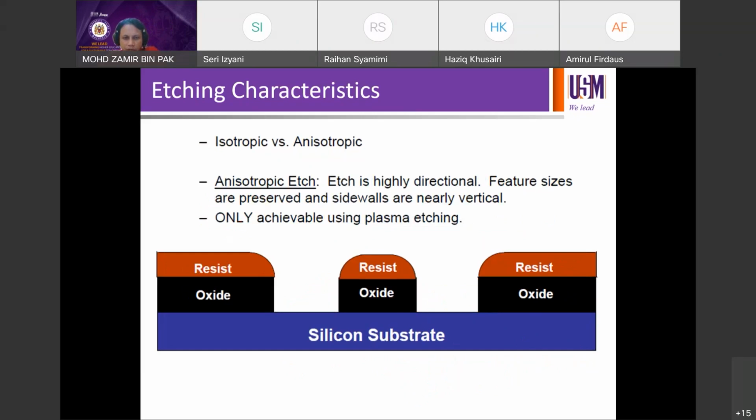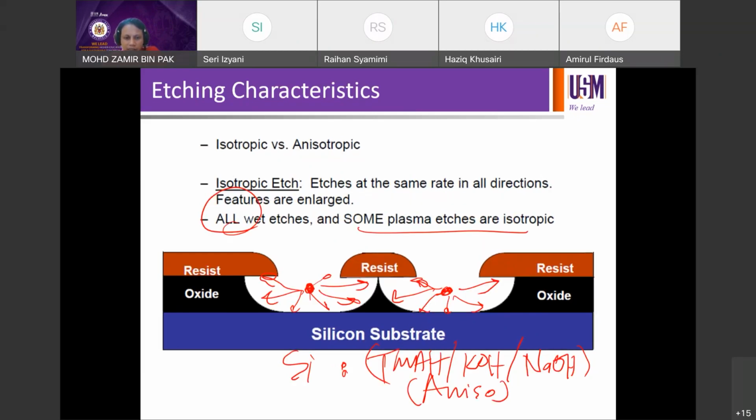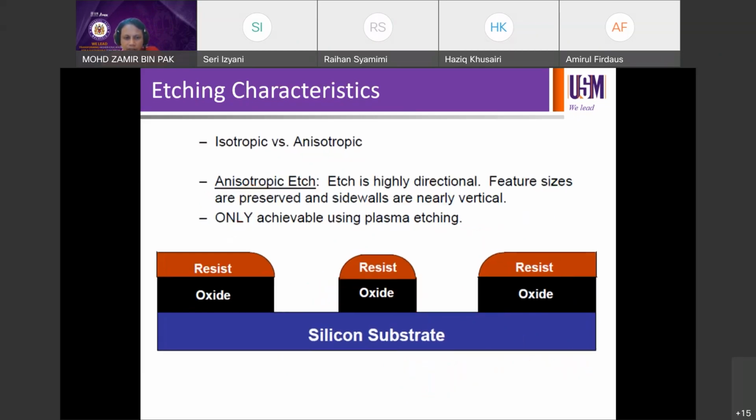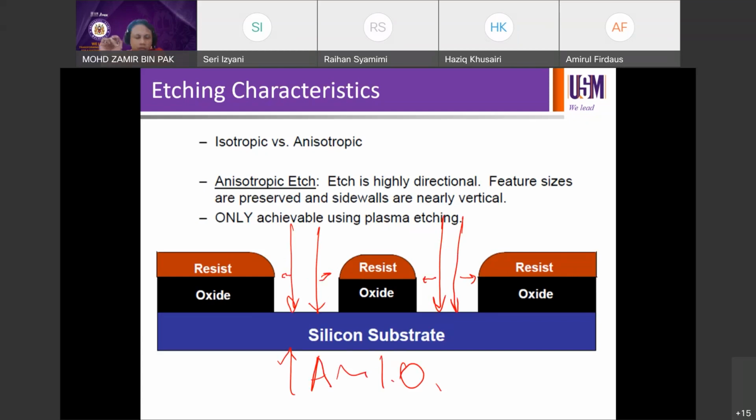Right, anisotropic on the other hand, you can compare with the previous slide. Resist on oxide, this one is resist on oxide as well. Anisotropic is highly directional, one direction. As I said, there will always be some horizontal component, but since the A is very, very high, approaching 1, anisotropy is vertical minus horizontal over vertical, right?